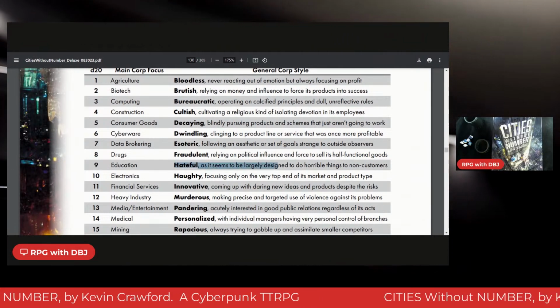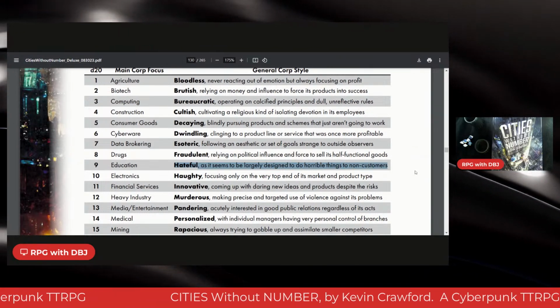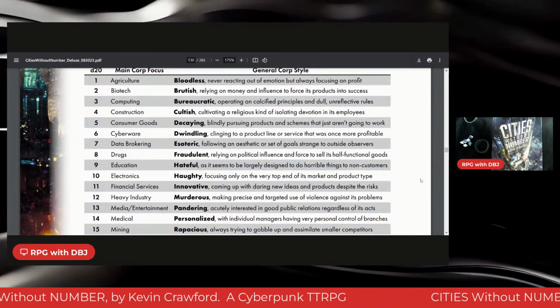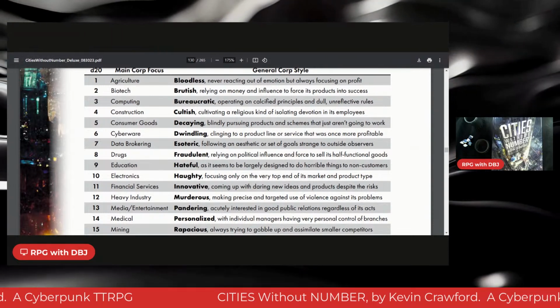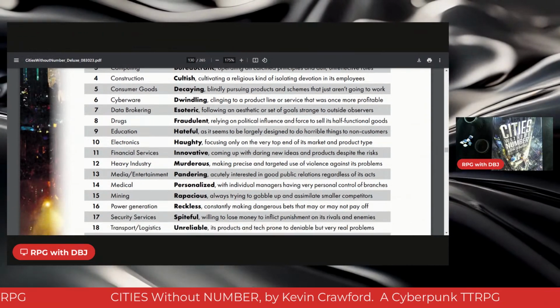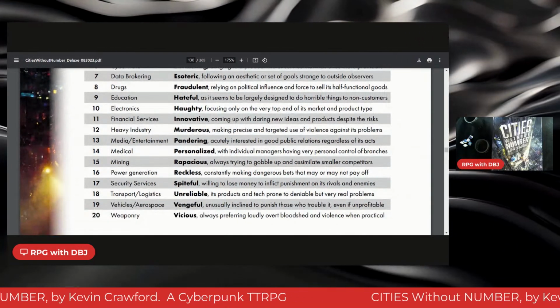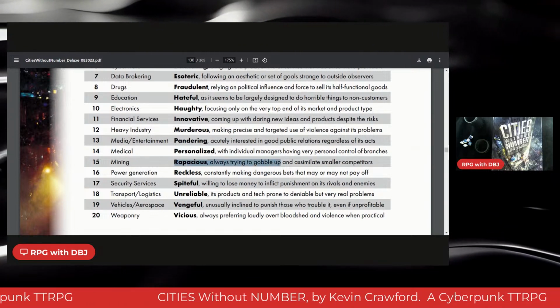Yeah, I mean, there's all kinds like this one, hateful. As it seems to be largely designed to do horrible things to non-customers. How many times have we been to businesses where you're just like, why are you still in business? This makes no sense. Yeah. Oh man. Yep. A lot of stuff. Rapacious, which I don't think I've ever seen the word written down.